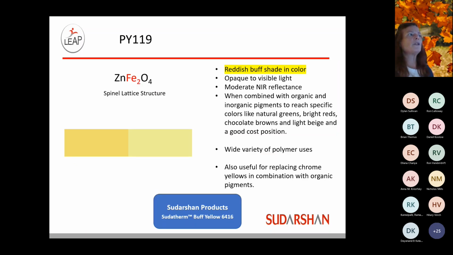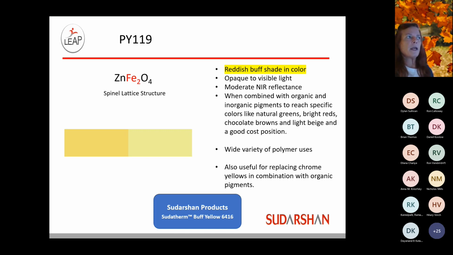And now we switch over to the spinels, and here we start with the pigment yellow 119, and here the coloring metal ion is the iron. And that results in a reddish buff shade, more towards the yellow side than the red side, like the pigment brown 24 was. Here we start to have a little bit more moderate IR reflectance.